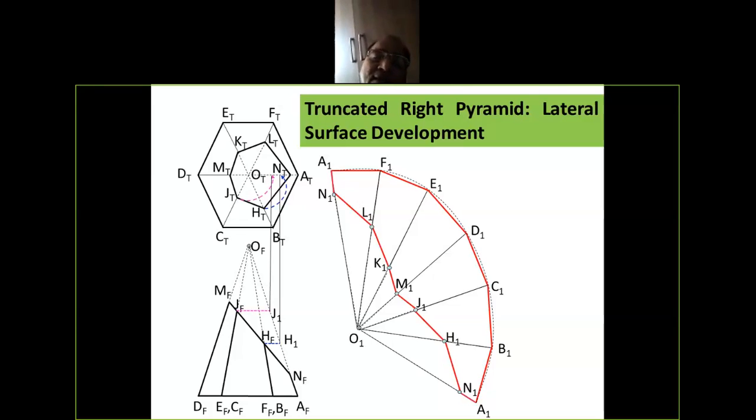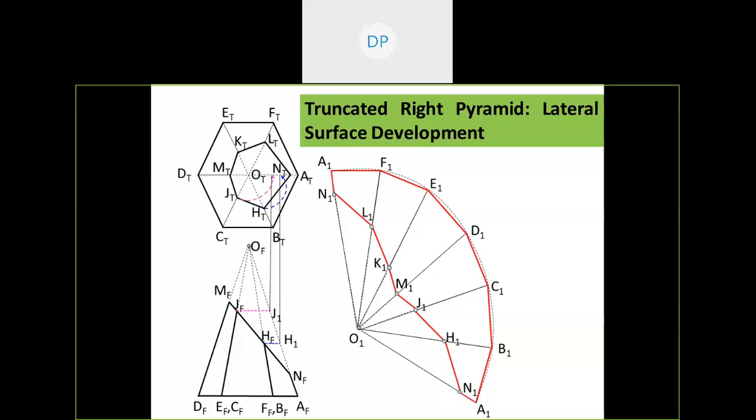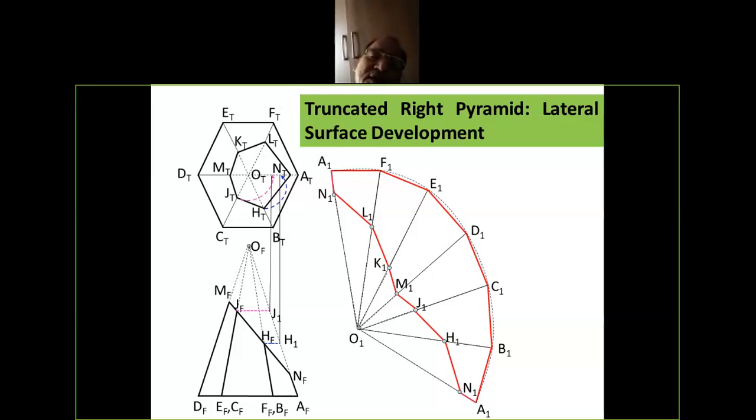For that we have taken this side A1 B1 C1 D1, 6 sides, 1 2 3 4 5 6, of the provided pyramid.